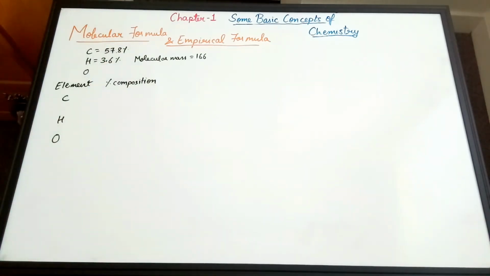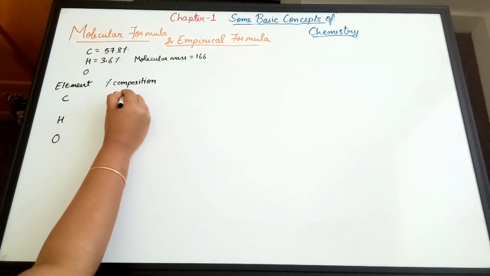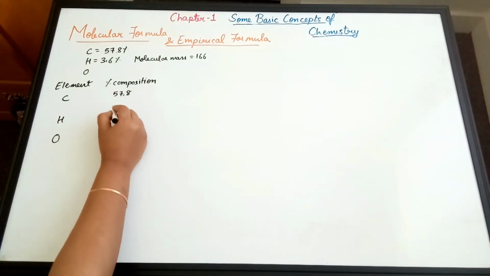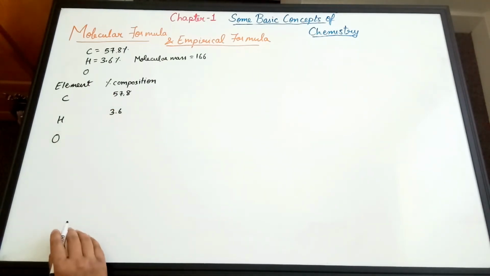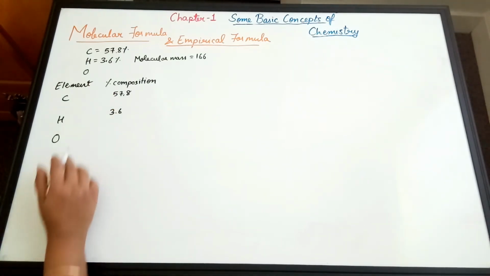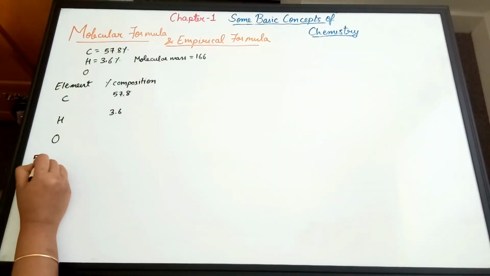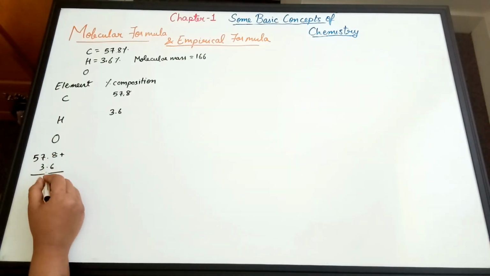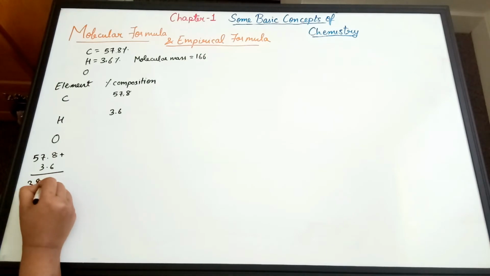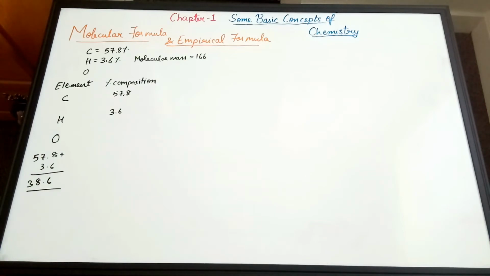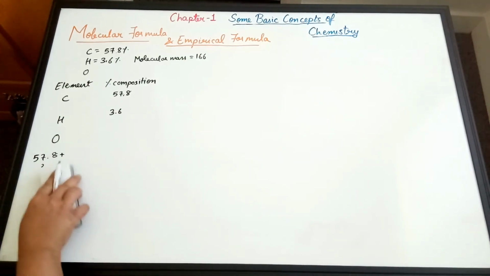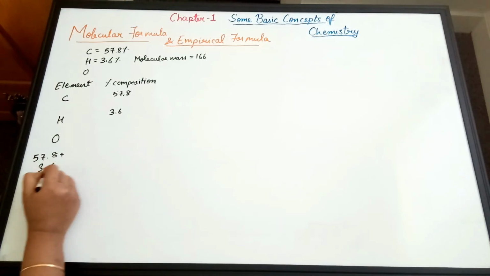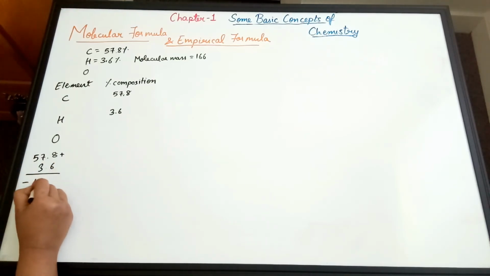So the percentage composition of carbon is given as 57.8. Next, for hydrogen it is 3.6, but for oxygen it's not given. So you just have to add these two: 57.8 plus 3.6, and subtract from 100.